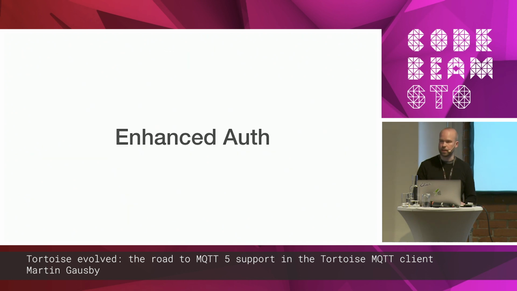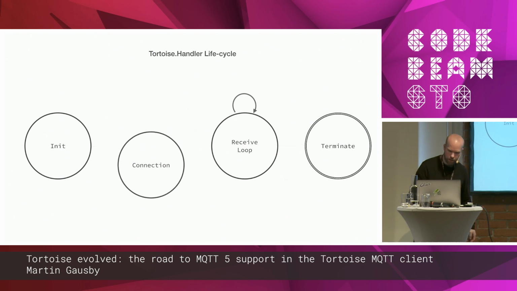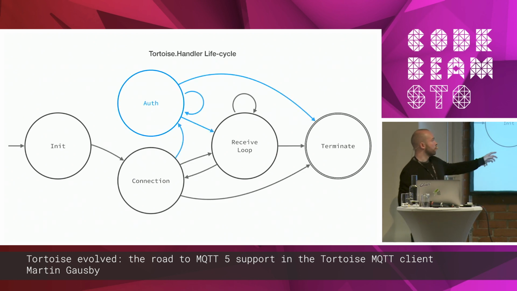So let's talk about enhanced authorization. This is the previous semantics for our handler. We now got a new phase. So we got an auth phase where in our connection we can go into this extended authentication, and we will loop until, like, it's more than just a challenge response.